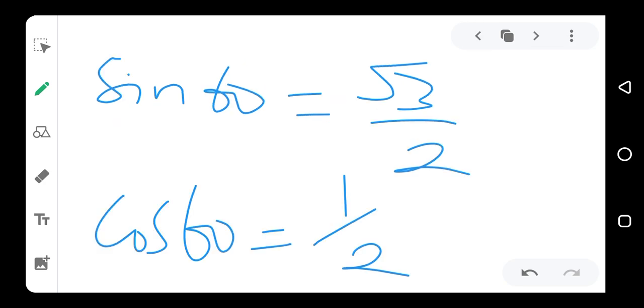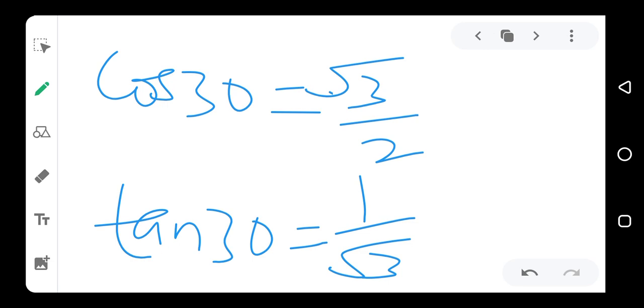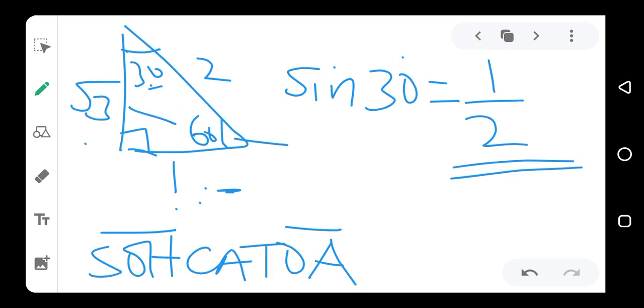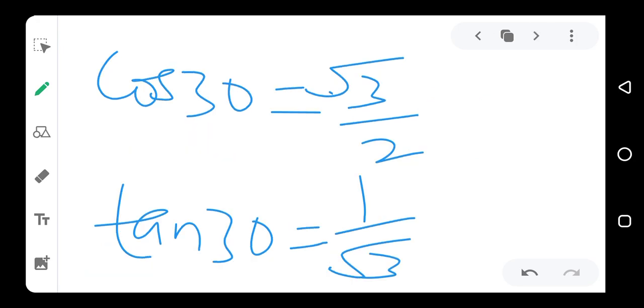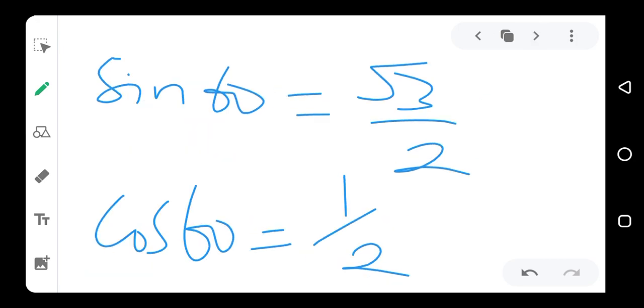Now looking at this, we can see that cos 60 is equivalent to sin 30. Sin 30 is 1 over 2 and cos 60 is 1 over 2.